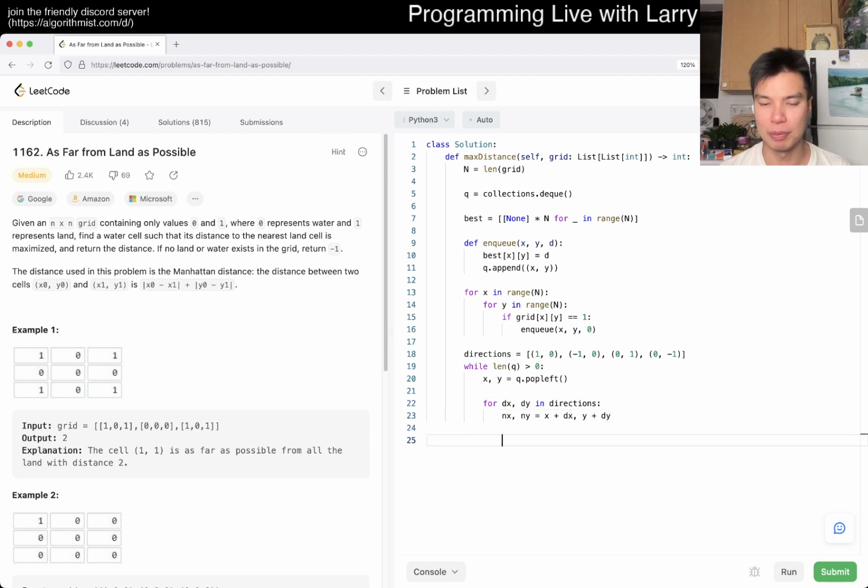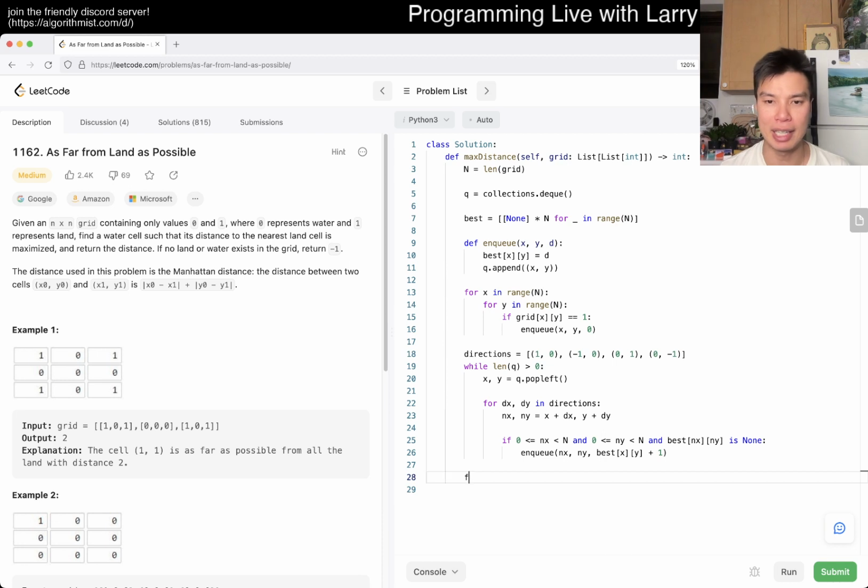And then of course, for breadth first search, we have to make sure that it is in bounds, and that we haven't seen it yet. If we haven't, then I could write it this way, but technically what we want to do is enqueue nx, ny with this number, just to keep it that way. And then yeah, that's pretty much it.